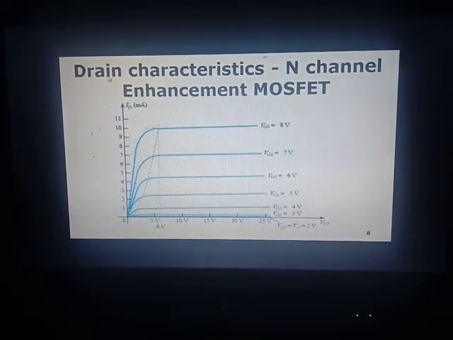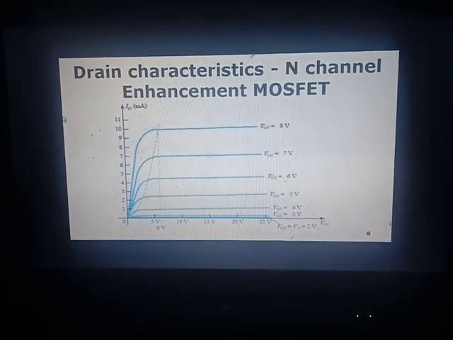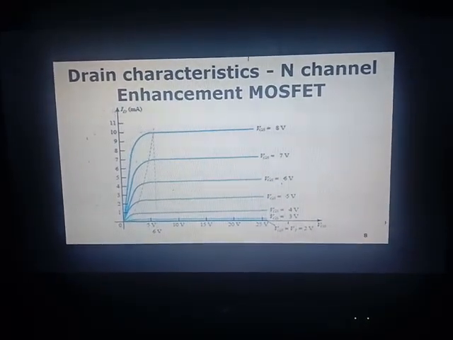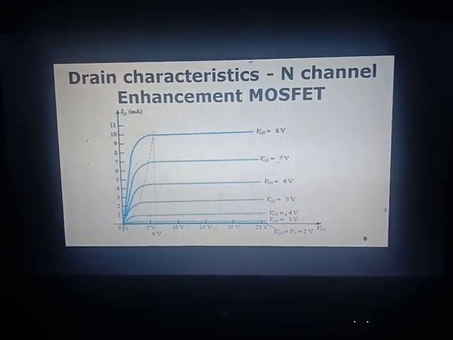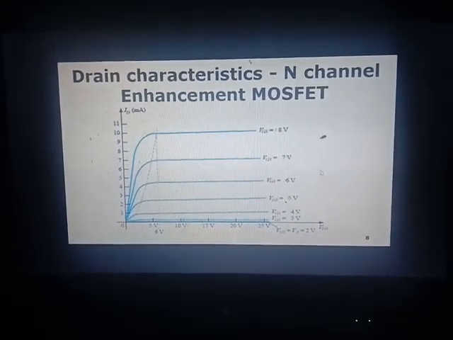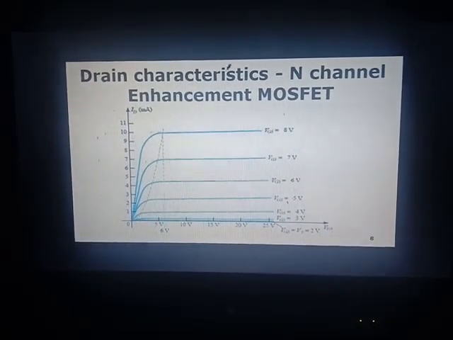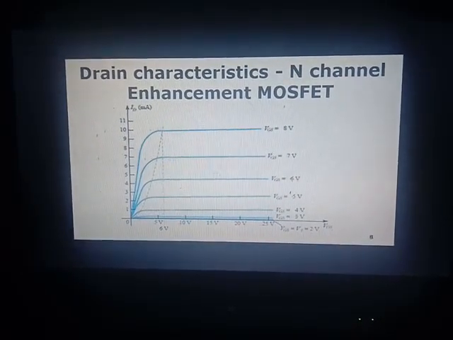This drain characteristics curve is drawn between VDS, the drain to source voltage, versus drain current. When we increase VDS with respect to constant VGS, now VGS is greater than the threshold voltage, so a channel inversion layer is formed between source and drain.